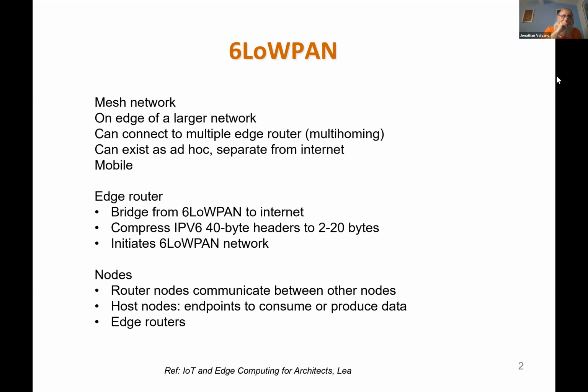So it's sort of a connection between 2 networks, a personal network which exists, and the real internet. So they're connected together. It does use IPv6, which is 128 bits of addressing.